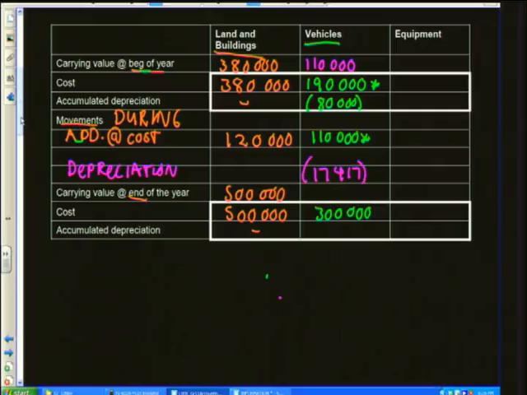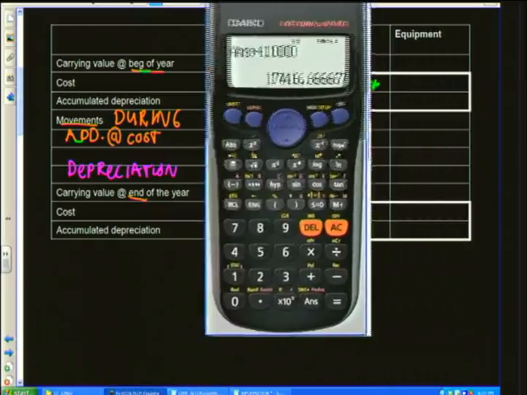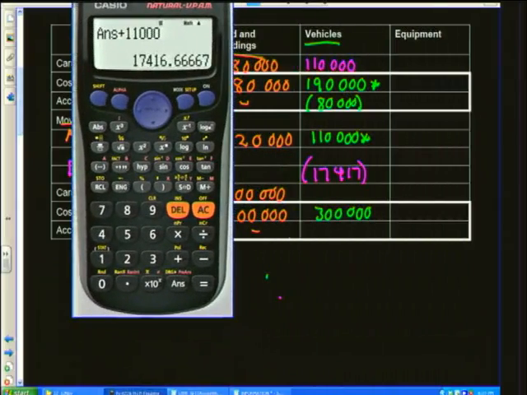Right, carrying value at the end of the year, still with vehicles. So again, this part is not difficult. This part is easy because I've got all the amounts filled in already. I'm going to start with my carrying value at the beginning of the year, which is 110,000. I then add my additional vehicle that I purchased, so plus 110,000, which is just a coincidence, guys, that the amounts are the same.